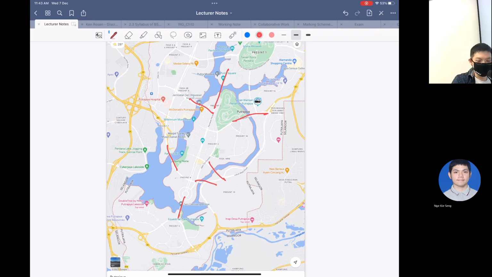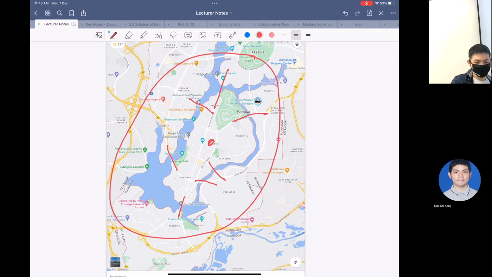The whole outer part is connected, and the inner part is connected. So there are only 2 vertices, either Putrajaya or outside Putrajaya, and they are connected by 7 bridges.